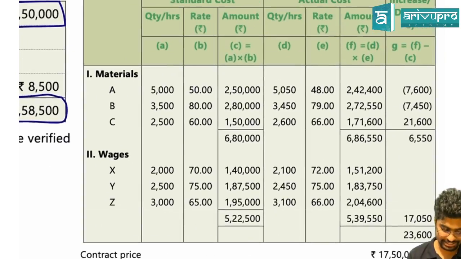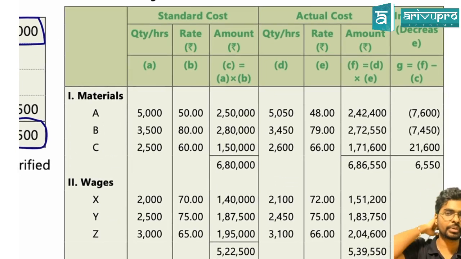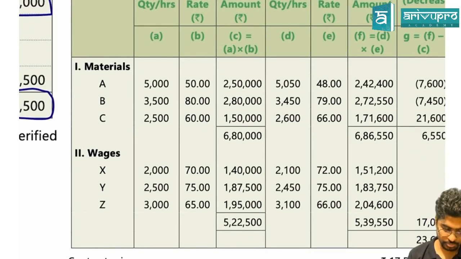Now this is basically a statement of comparison. What the statement of comparison does is find the difference between the standard cost and the actual cost. This is done by multiplying each of the quantities and rates, so you end up getting your standard cost.